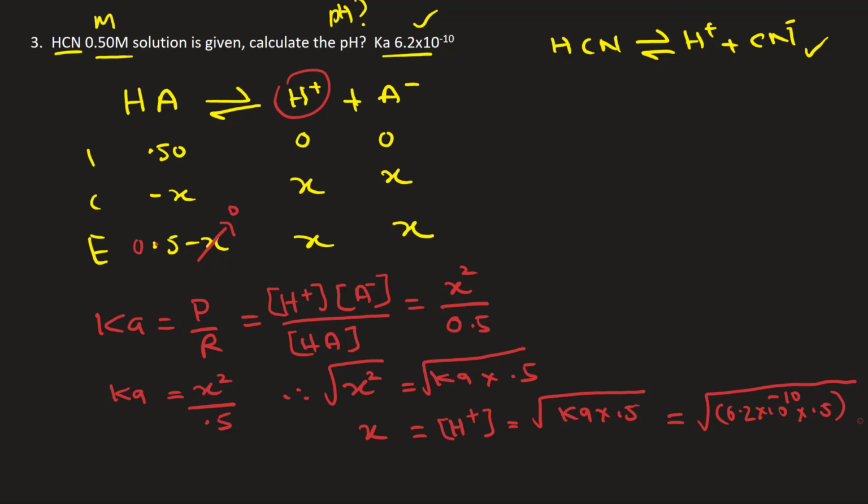So let's take the root of this value. Okay, we're getting, yes, X is, yeah, that is H plus actually. H plus is 1.76 times 10 to the minus 5 molarity.